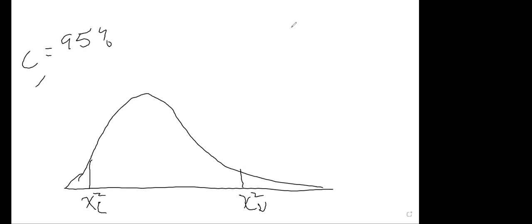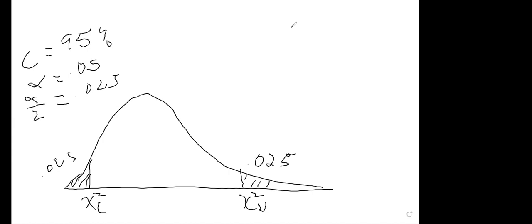So alpha is equal to 0.05. Because there are two tails, alpha over 2 is 0.025. So this tail is 0.025, and this tail is 0.025.